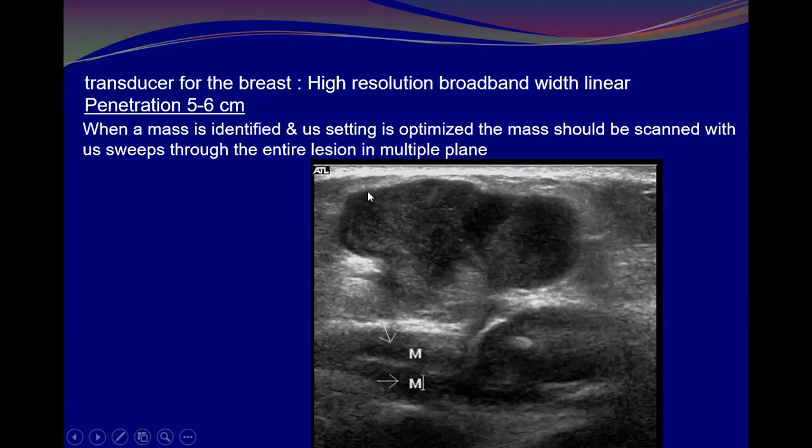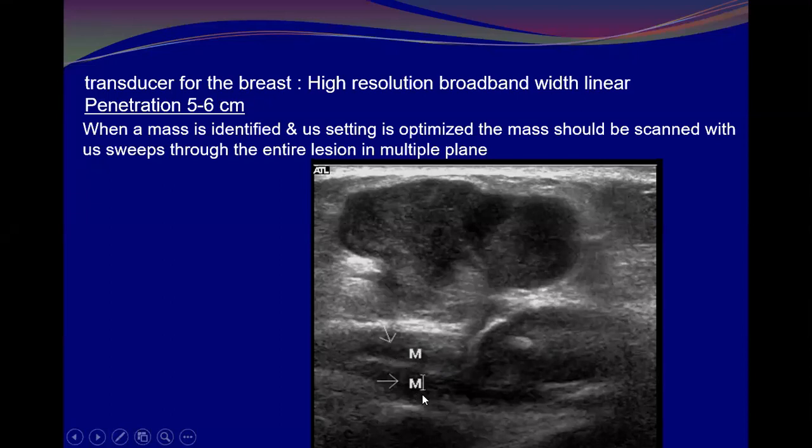Look, if you had seen the image from the front, you might say this might be a fibroadenoma. It is parallel and the anterior margin is so smooth. But by optimizing the image and looking at its deeper part, look at the image here, the posterior part is irregular and infiltrating not only the pectoralis minor but also the pectoralis major.